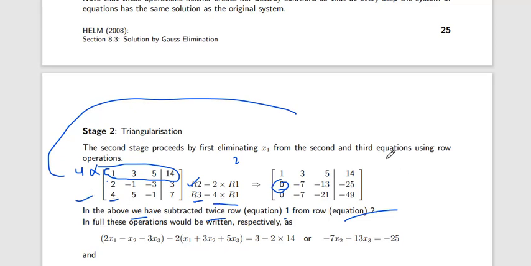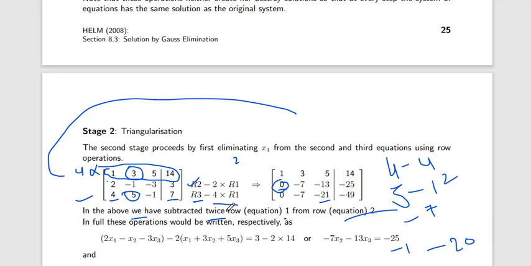So 4 minus 4 is 0, then 5 minus 4 into 3 is 12, so minus 7, then minus 1 minus 5 into 4 is 21, so we get the answer minus 21.